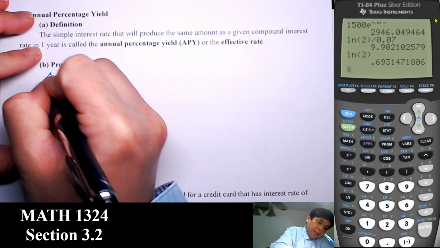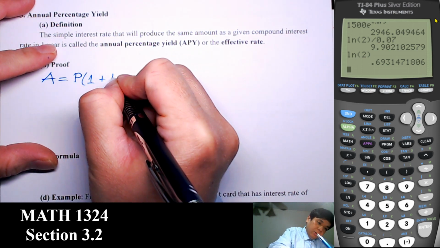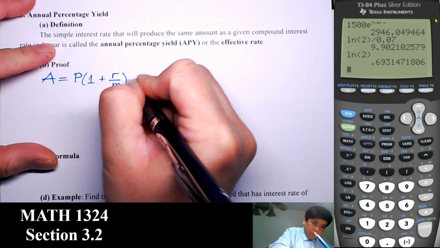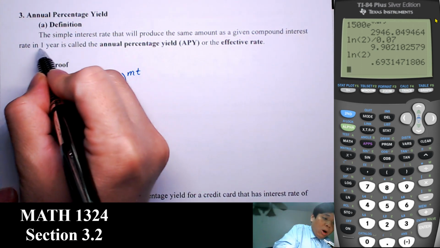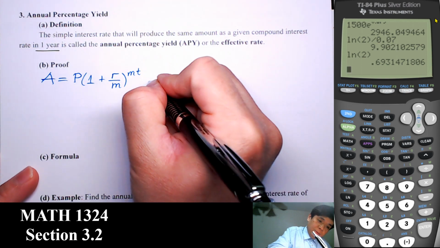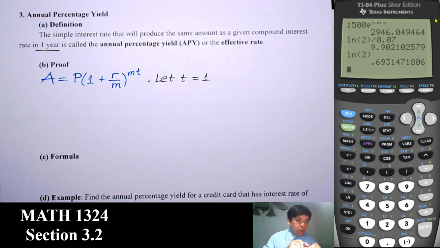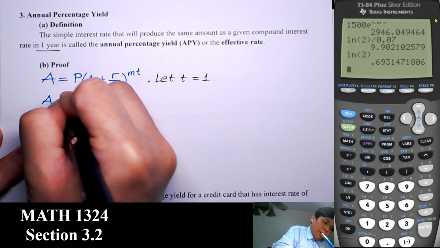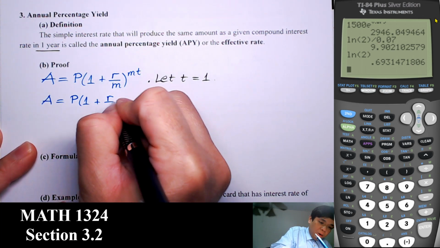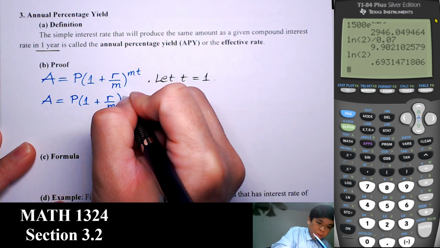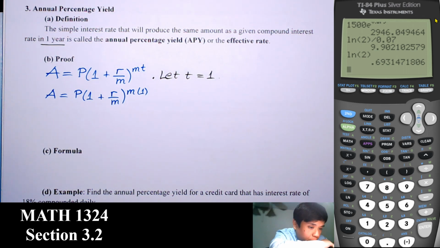So A equals P times 1. I did say that it is in 1 year, so t equals 1. So we have A is equal to P times 1 plus r over m, times 1, because t is equal to 1, right?